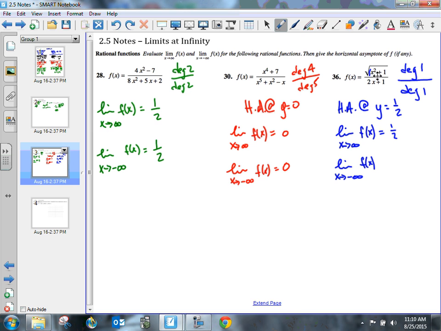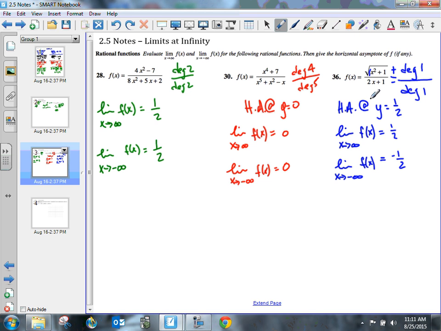Now here's where it gets weird, okay? If I plug in really, really negative values, my numerator is always going to be positive. But what happens, folks, when I plug in really, really negative values into my denominator? Those are going to be negative. So as x approaches negative infinity, instead of just getting 1/2, we actually get negative 1/2 here, okay?